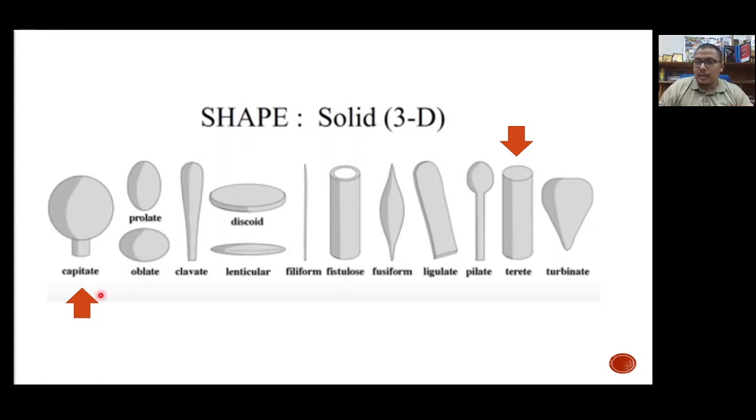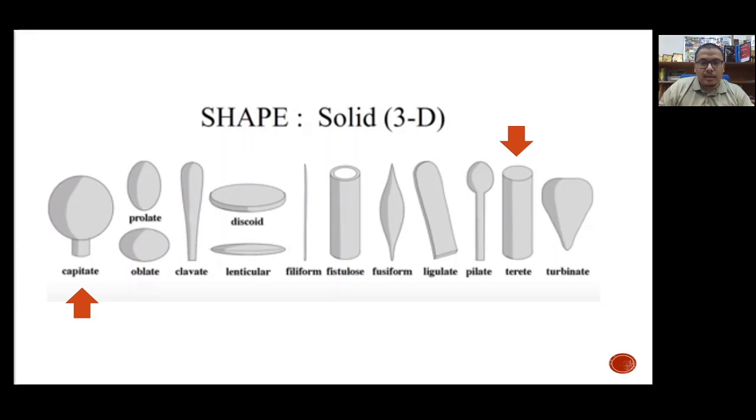Like here is what we call capitate. There are often capitate glands, and we may see some of those, especially in the mint family, coming out of glands that are capitate, this kind of spherical shape here.